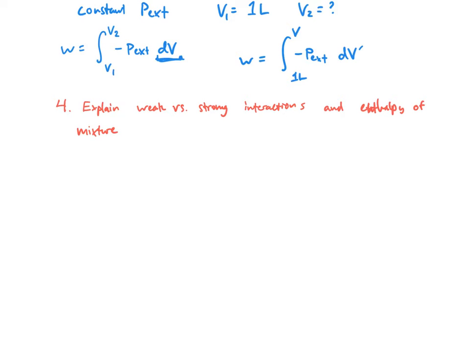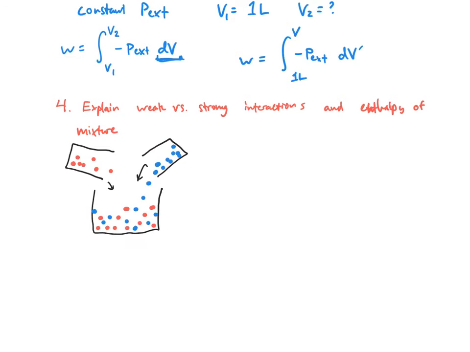I'm going to draw a picture here in a moment to depict what I'm talking about. So as you can see right here, I've drawn a picture of 2 different substances mixing. So in an ideal solution, the strength of attraction between the two red particles is going to be the exact same force as between two blue particles, which is going to be the exact same force between a red and a blue particle.